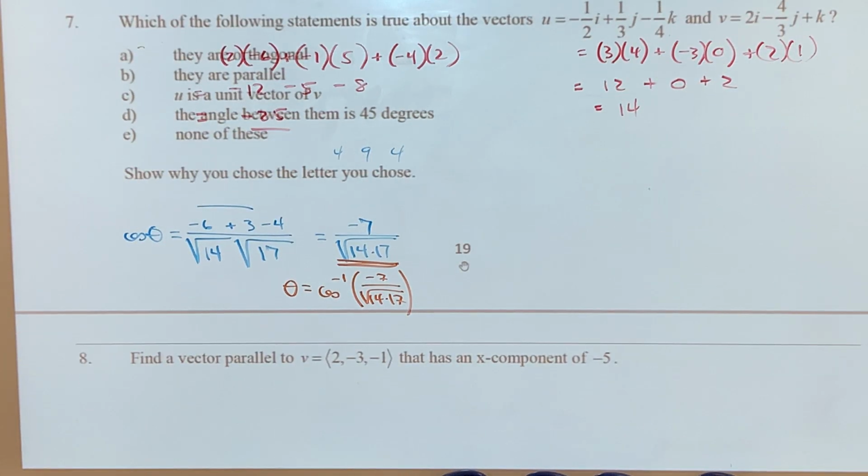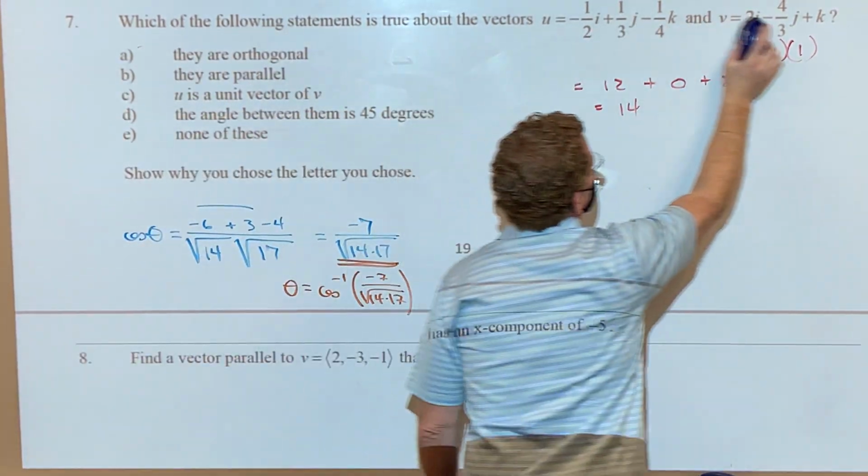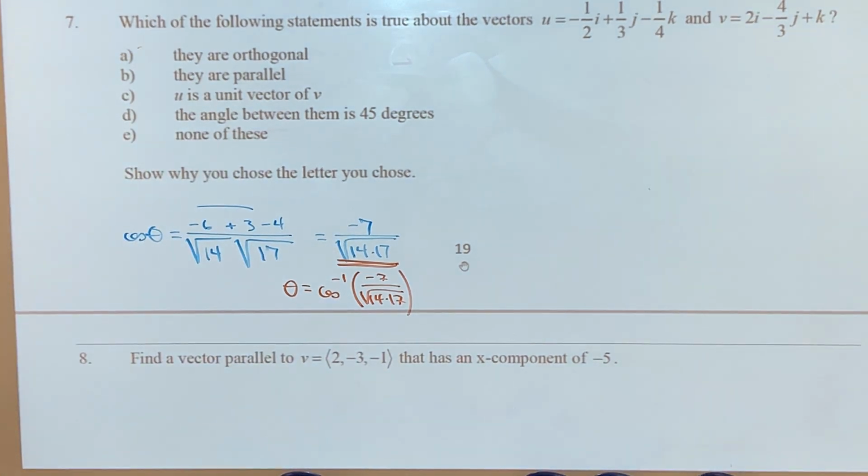All right, number 7. Let's check it out. Which of the following is true about these two vectors? Okay, they're orthogonal. Now, could they be orthogonal? It's possible, right? Yeah. But how would I check real quickly?